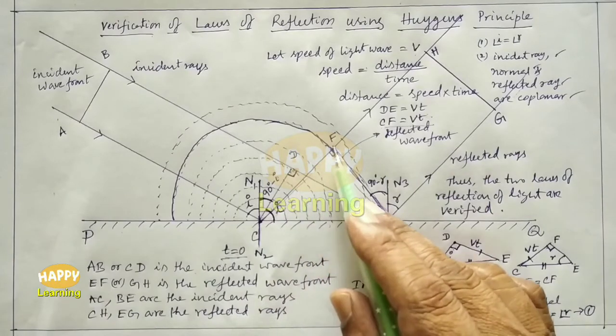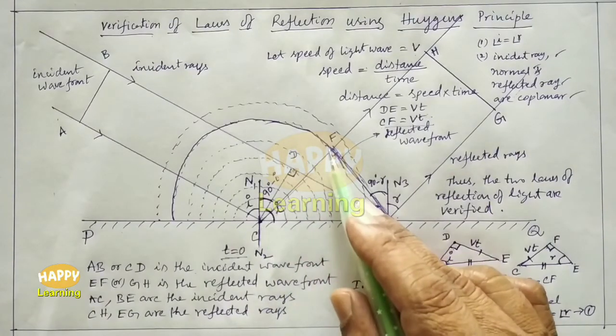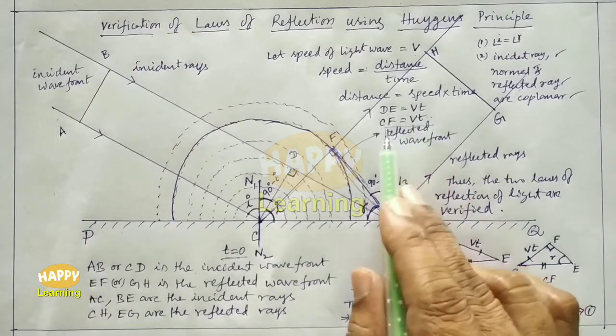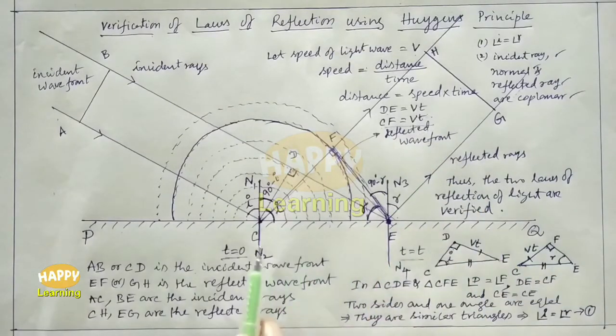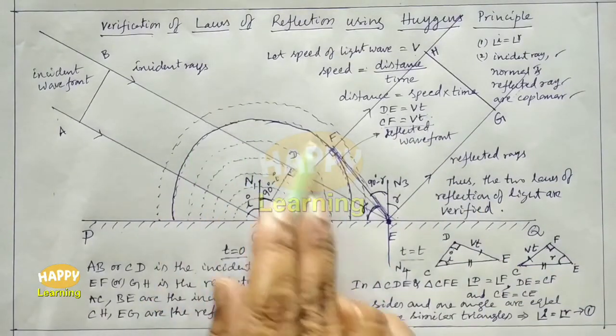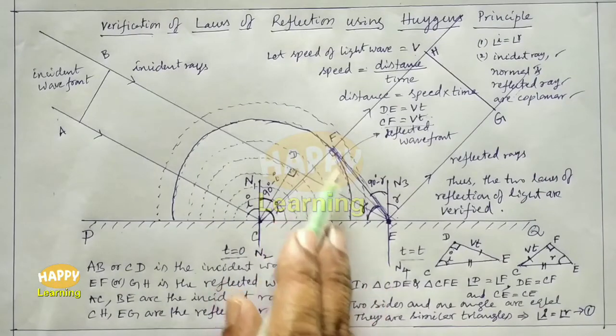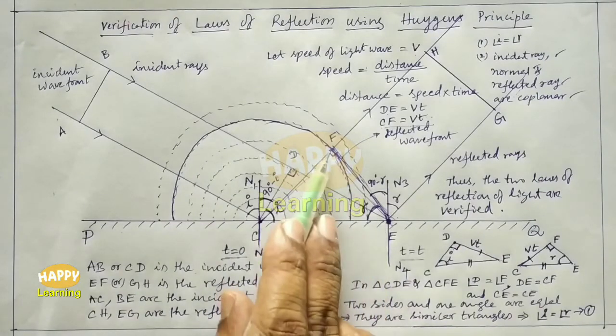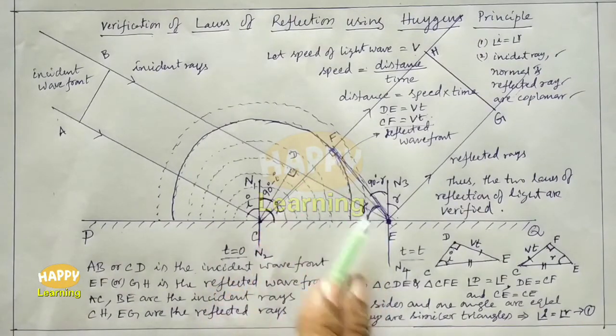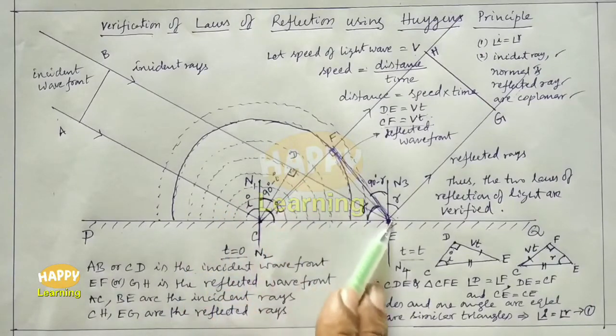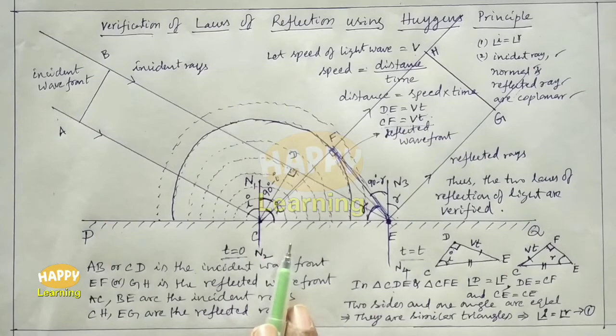And similarly, for this distance also, time taken is t and distance will be vt. So DE is equal to vt, CF is also vt. So if this is the secondary wavelet, draw a normal from this point E onto it, you will get a wavefront EF. So this EF is the reflected wavefront.